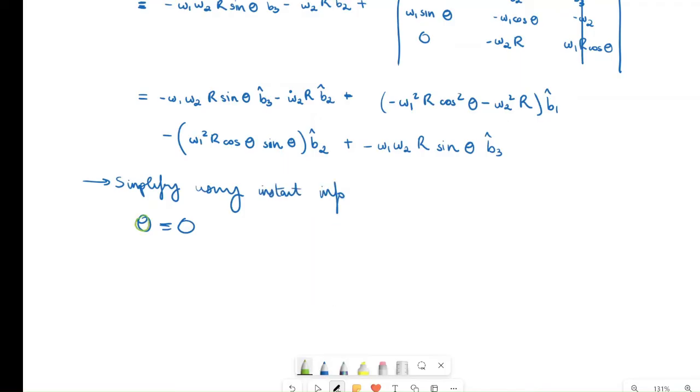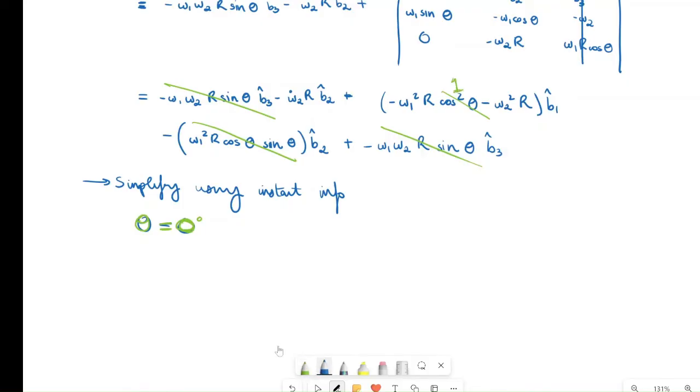So we can start crossing those out. Theta equals 0. So this term becomes 0, this term becomes 0, this term becomes 0, and this just becomes a 1.